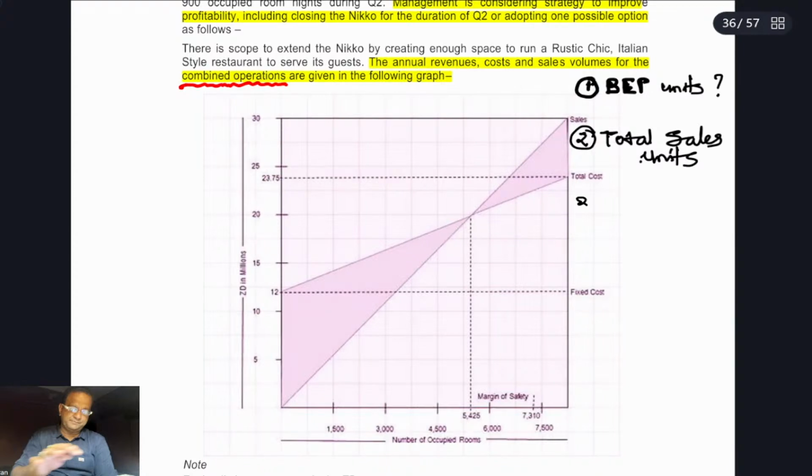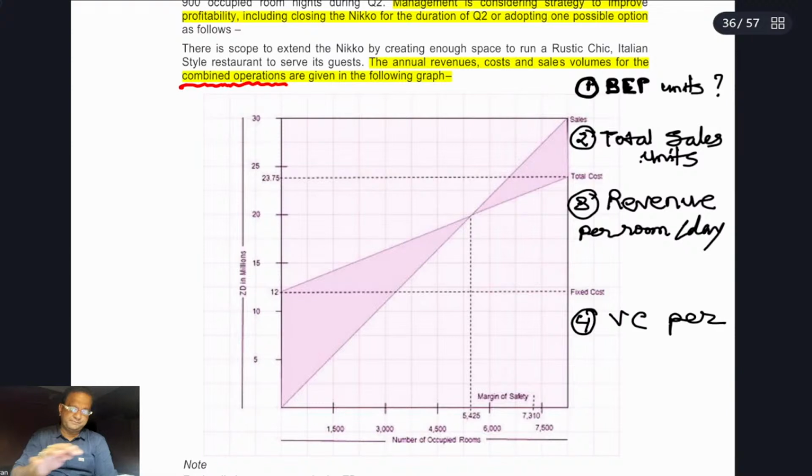Okay. Third point, tell me combined revenue per room per day. And fourth point I want is variable cost per room per day.